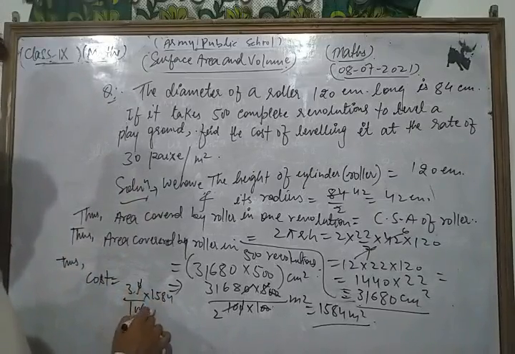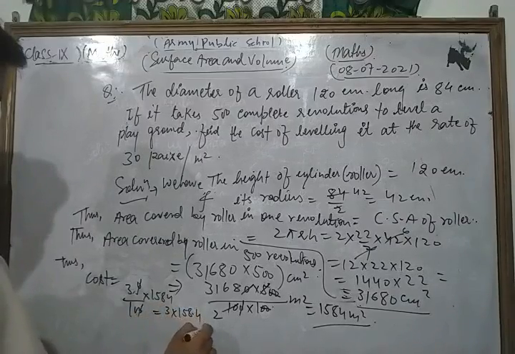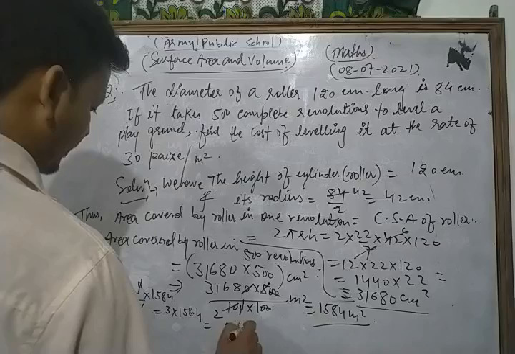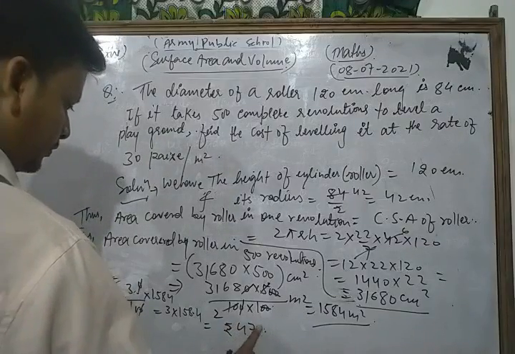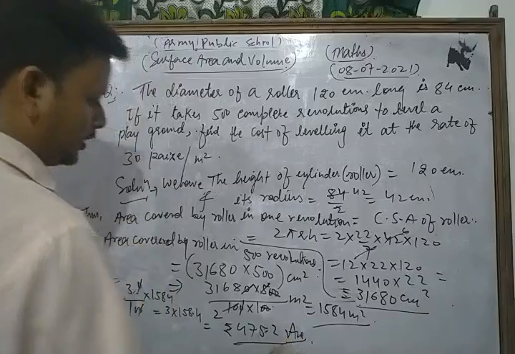The zeros cancel each other, so 3 into 158.4, and after multiplying we get rupees 475.20. This is the required solution of the given question.